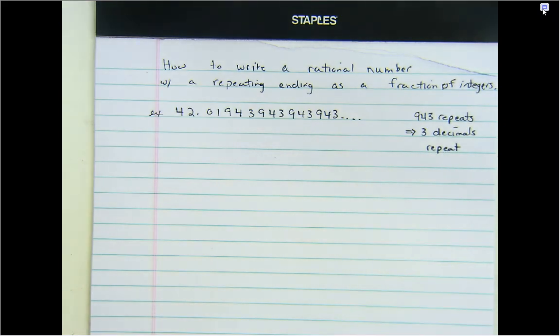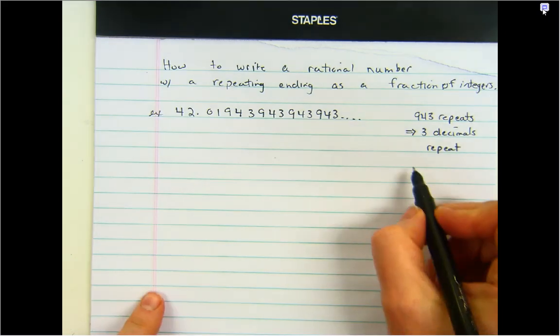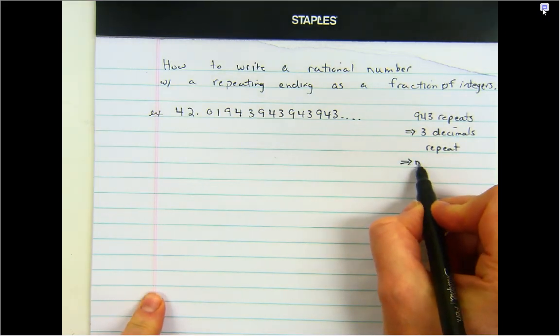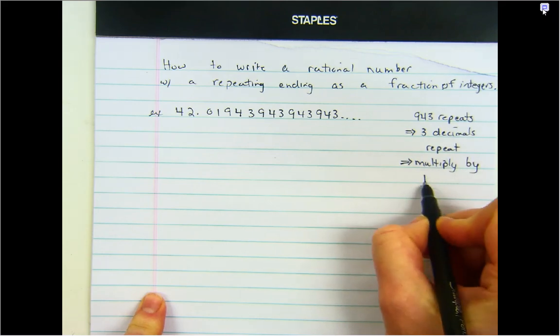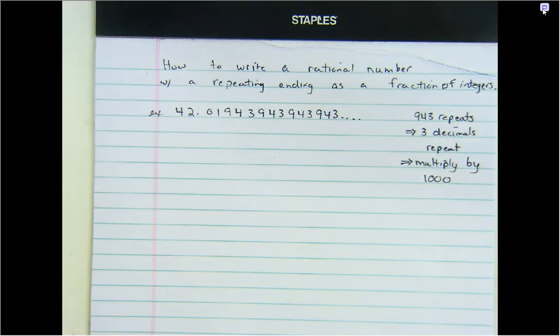Three decimal places are repeating. And so that means we're going to take our number and multiply it by 1,000.